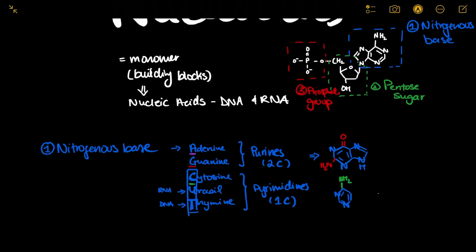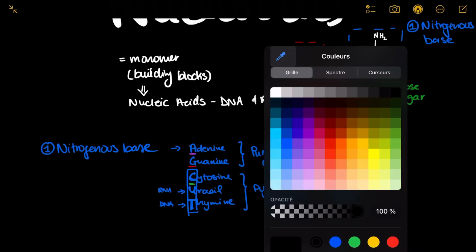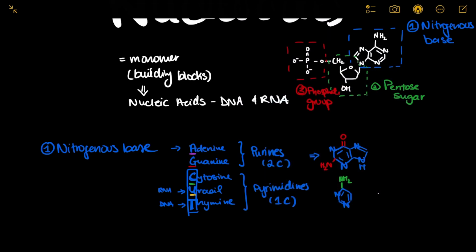Then for uracil, I'll take another color, orange maybe. So again, the basic structure, and then for uracil, it is a double bond O, like that. And the last one is thymine.